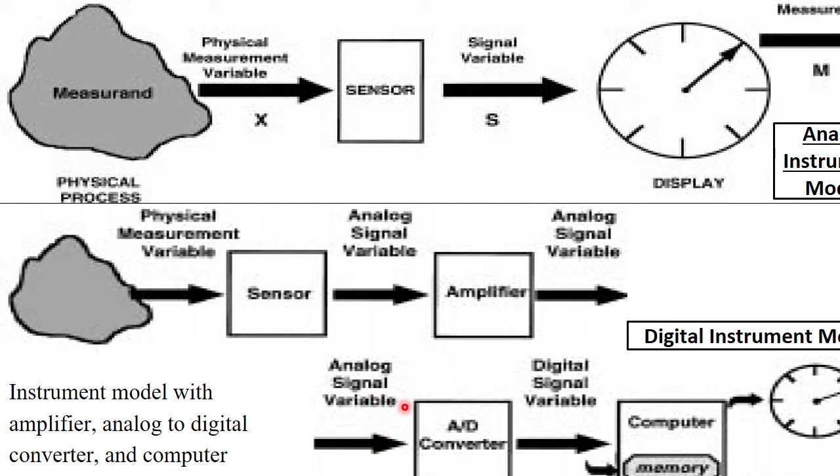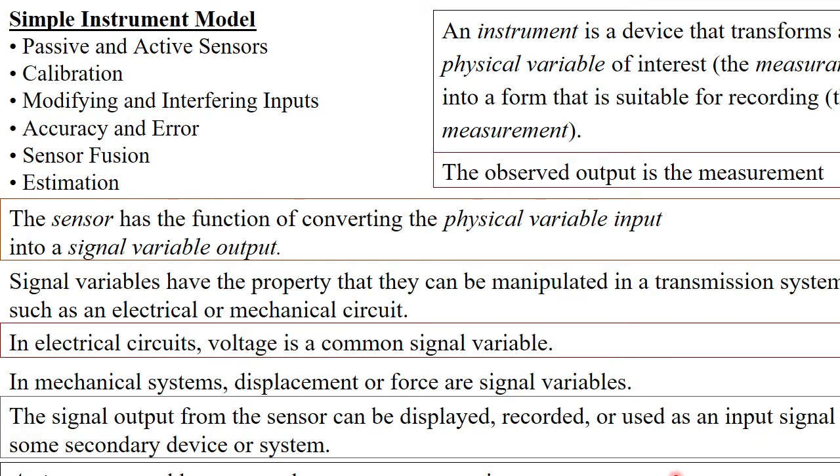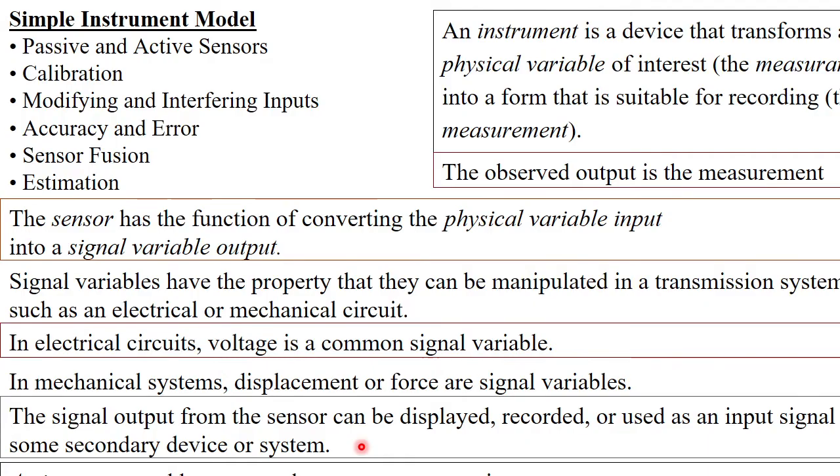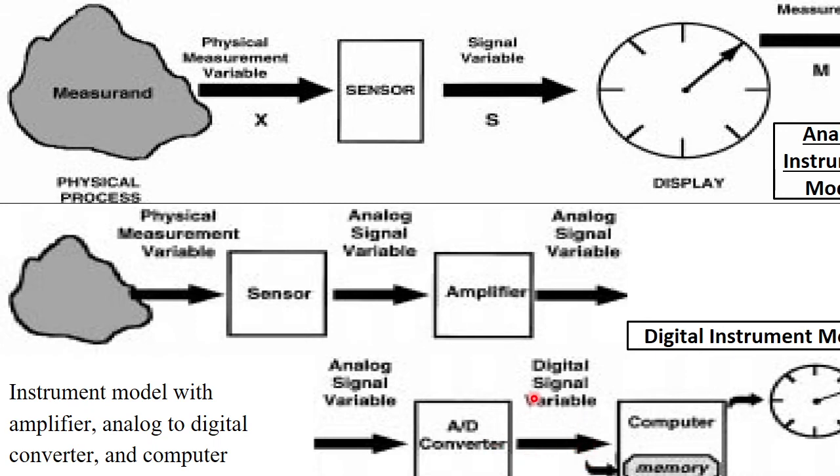And then finally, after amplification, we carry out a digital conversion, which can now be stored directly in a computer, can be displayed in digital output format, and can be stored in memory also. So this part is basically the recording and indicating devices, digital interfacing, data acquisition, processing, and this part is here after analog to digital conversion.